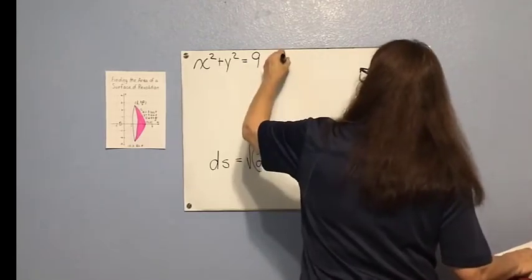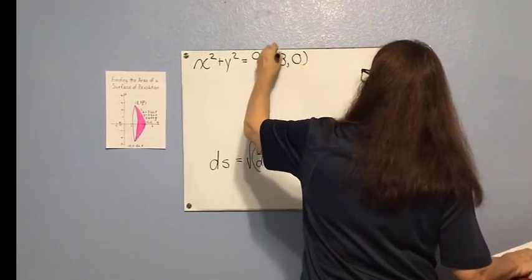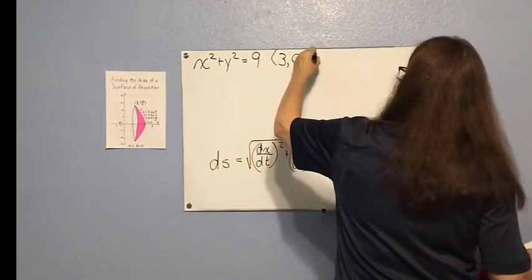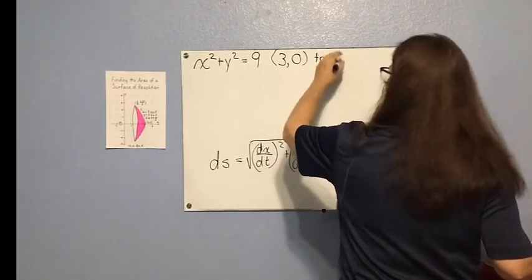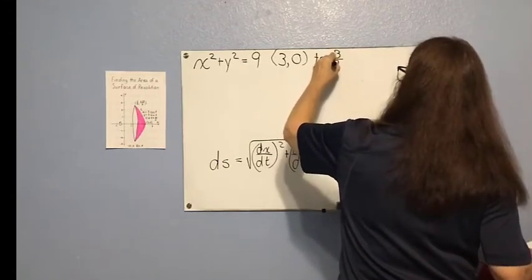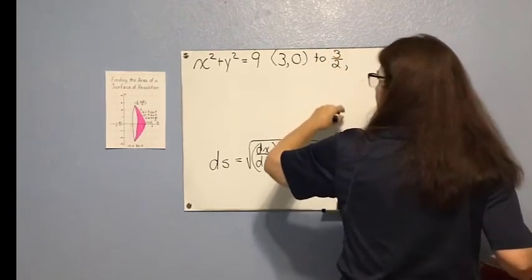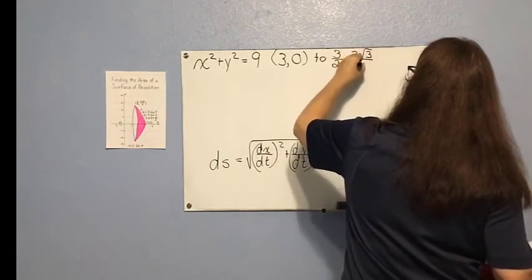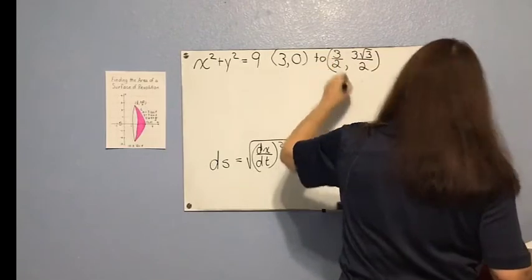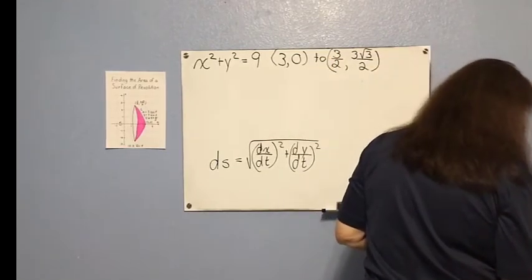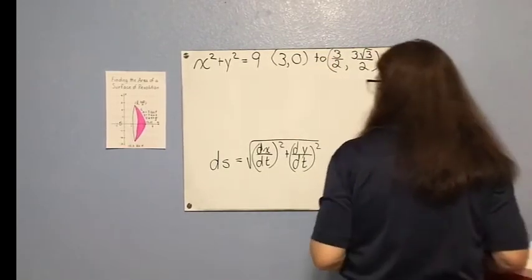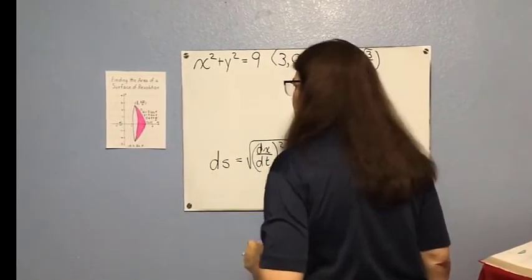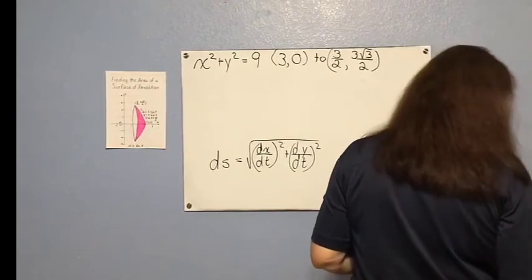But we want to go from 3, 0, which is this point on the x-axis, to 3 over 2, 3 root 3 over 2. And we want to find the surface of this kind of shallow bowl shape that we make by doing that.